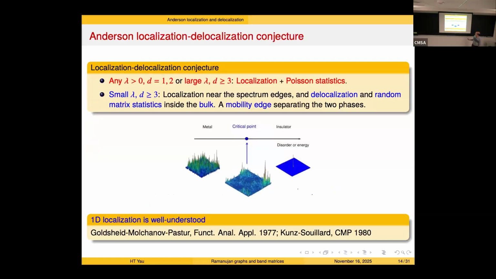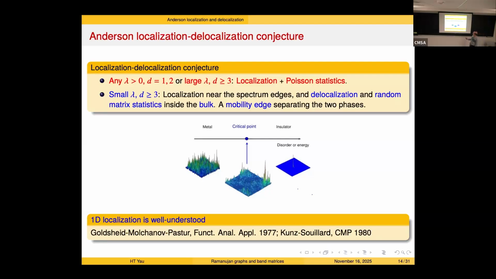Now, more precisely, the claim is the following. In dimension 1 and 2, for any lambda, it's always localized. But in dimension 3 or higher, for lambda large, it's localized, but for lambda small, with dimension d bigger than or equal to 3, the localization is incorrect. You will get delocalization.